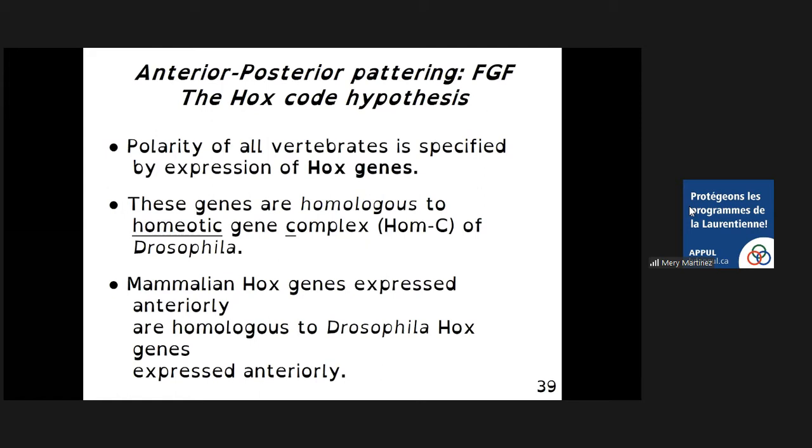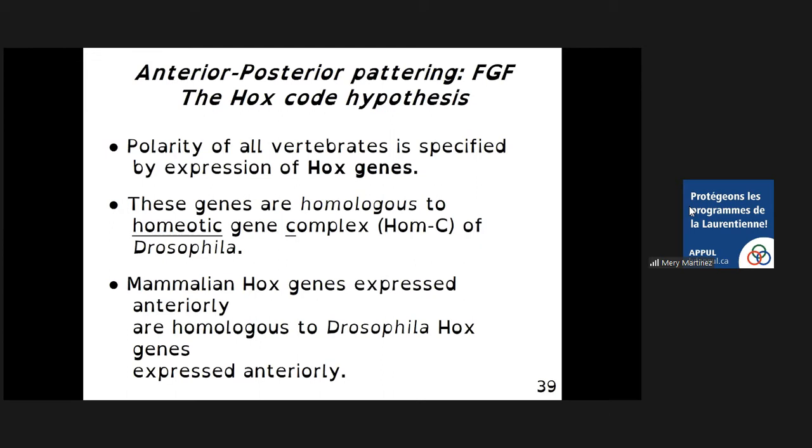Now, the order of the genes on the respective chromosomes is remarkably similar. And in addition to that, the expression of these genes follows the same pattern, and they are expressed anterior to the homologous genes in Drosophila. So those expressed anteriorly are also expressed anteriorly in mammals.